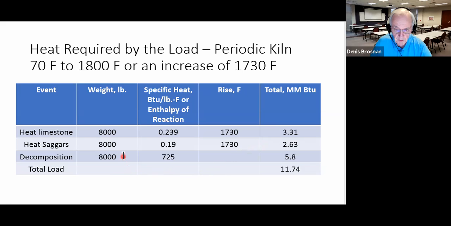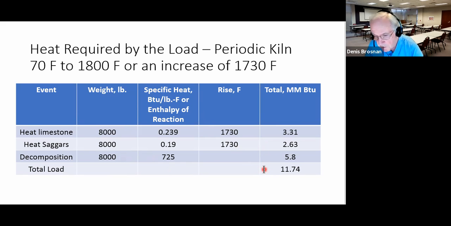And of course, we've got the enthalpy of reaction or decomposition of the limestone. So 8,000 pounds of that times 725 BTUs per pound at 1800 degrees Fahrenheit gives us 5.8 million BTUs, and we add this all up.